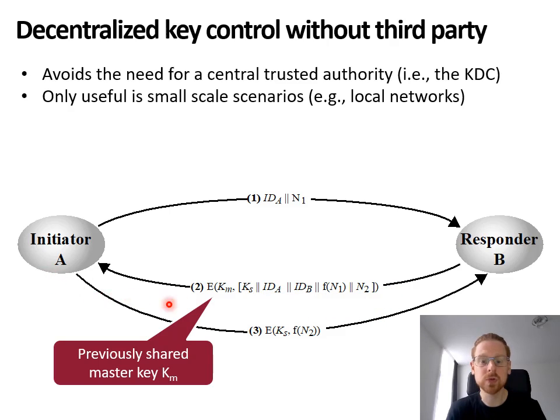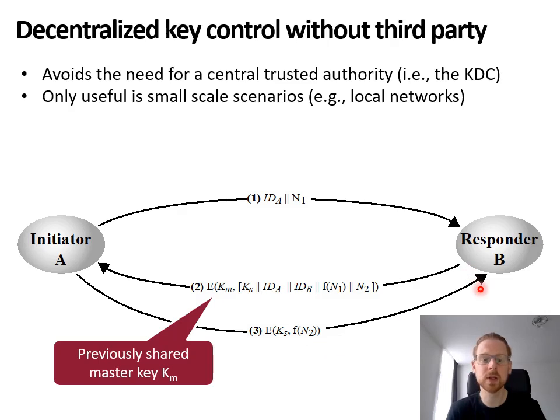A will then be able to decrypt this message, as they are already sharing a key KM, and will send back some function of the nonce N2 sent by B, encrypted with KS.